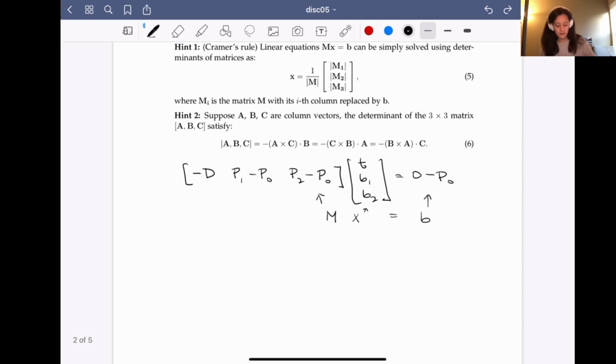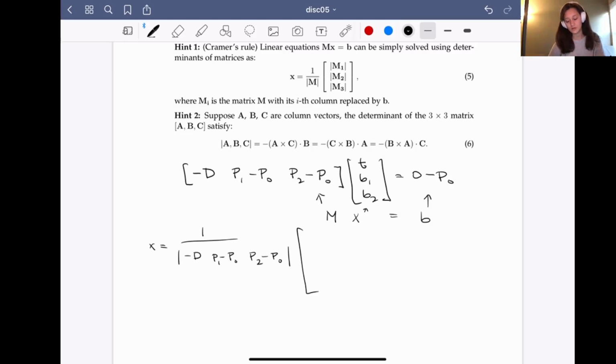So let's do that. So we have x equals 1 over the determinant of m. I'm just going to write out m for now, and we'll compute all of the determinants later. Okay, and then we have another matrix that's a little different than our original m. So first we take m and replace the first item with our b.